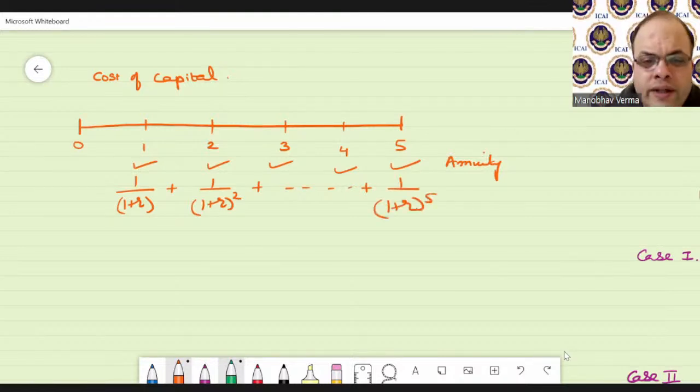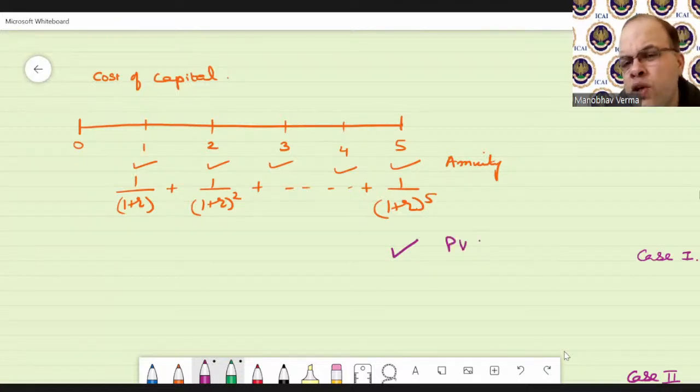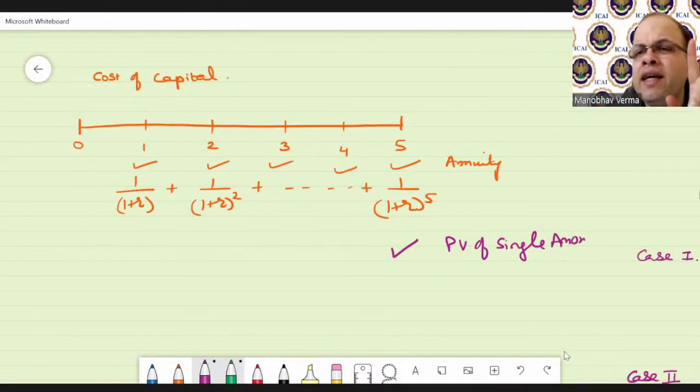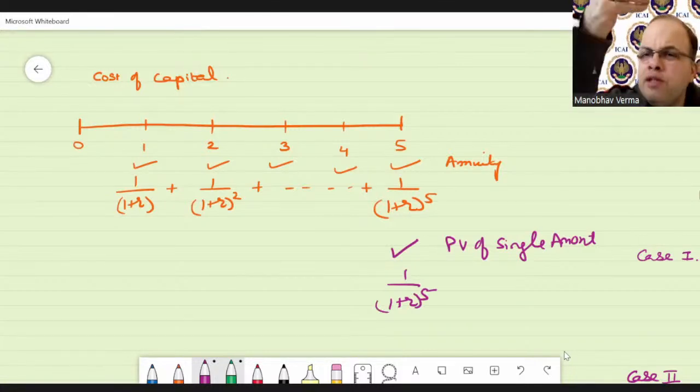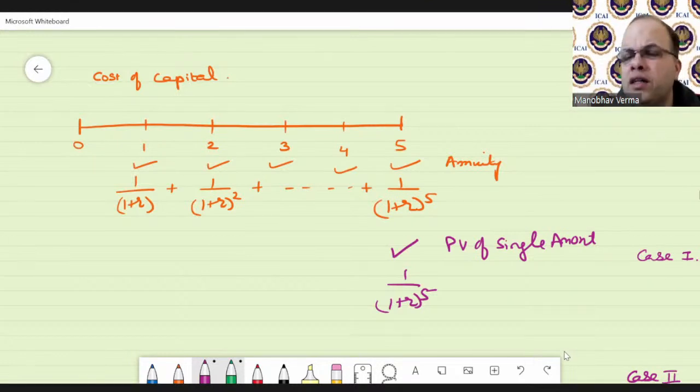But if I'm looking at only a single amount, this is the present value of a single amount. Like in our case, we had a preference share or debenture redemption value, and we are only using this amount. That's the difference between an annuity factor and a present value of a single amount factor. Okay, Riya, thanks for confirming.